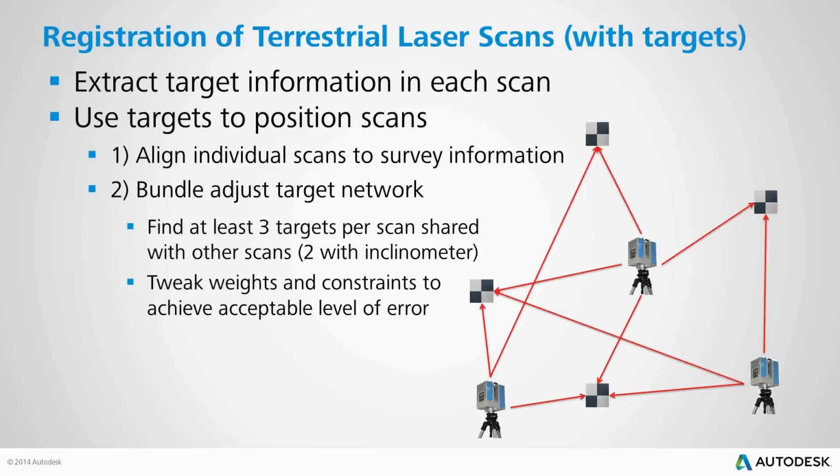A bit more sophisticated approach that's more commonly used today is to use a bundle adjustment of a full target network. So for each scan, we need to find at least 3 targets that are shared amongst the other scans. If you have an inclinometer, you can get by with fewer targets, or some other kind of hardware that might help with that.